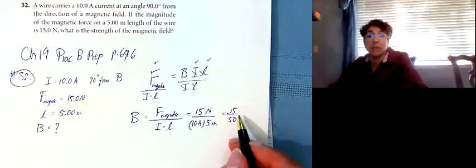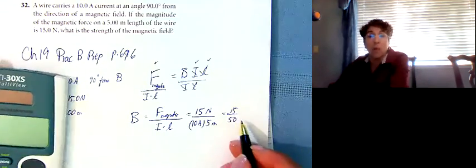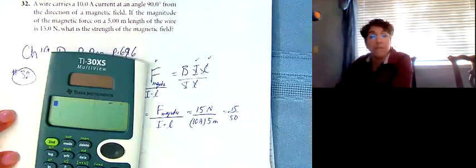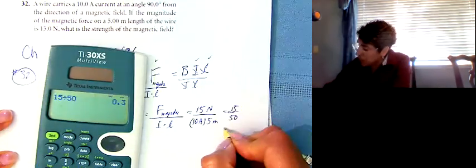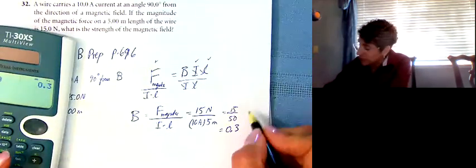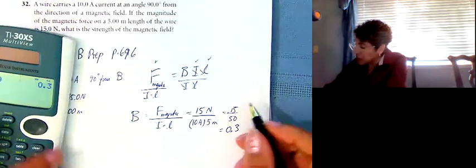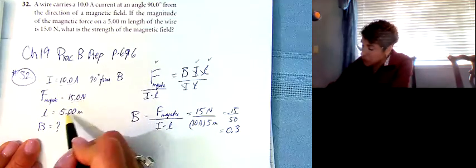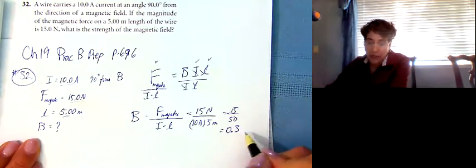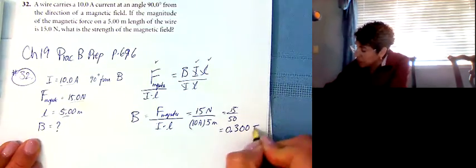It would be like almost a third maybe? Let's see here. 15 divided by 50. There it is, 0.3. And what am I looking for? B, so that would be Tesla. Because of all the significant figures here, I have to do 3 significant figures here. There we go.